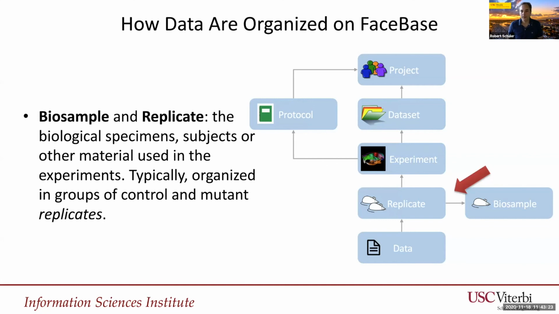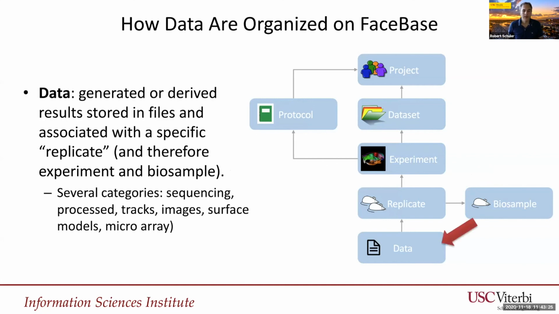And then from that, moving down, we get to the data. And here we have some of that machine-generated metadata as well as links to the actual files. These can be the original generated or perhaps derived results. Now, the benefit when we get here is that we know where each file is in the overall picture of scientific metadata.